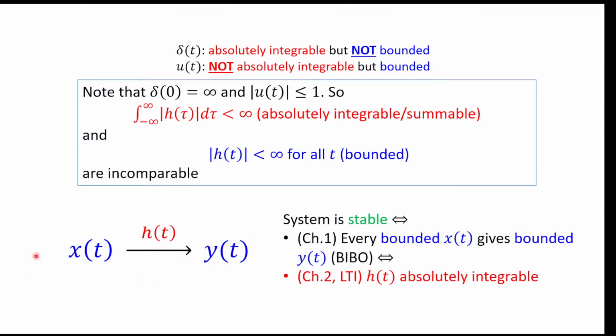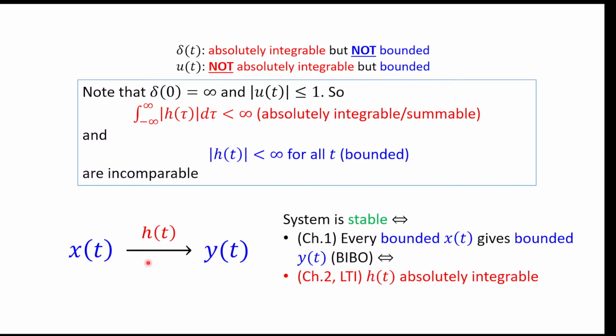Once again, here is a picture that hopefully helps you memorize this. The system maps input to output. The system used to be just this arrow without any name, but now we know this arrow can be characterized by this h of t.